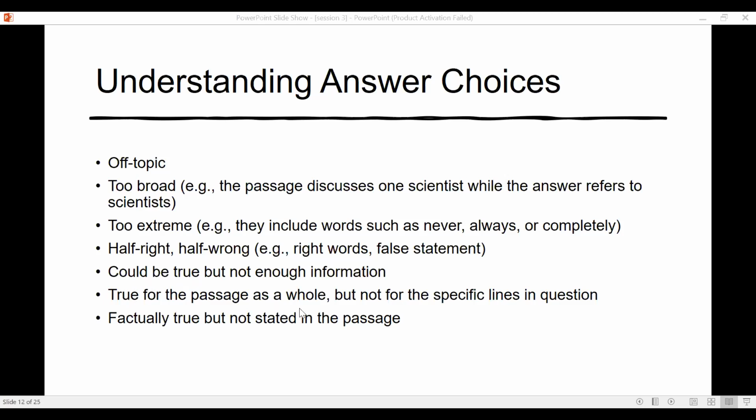True for the passage as a whole, but not for the specific lines in question. And this also is tricky. When you are asked about a certain portion within certain line references, and in one of the answer choices you feel, yeah, it is true, I've read it somewhere, but not in the very specific lines that you are asked about, then this answer is wrong.